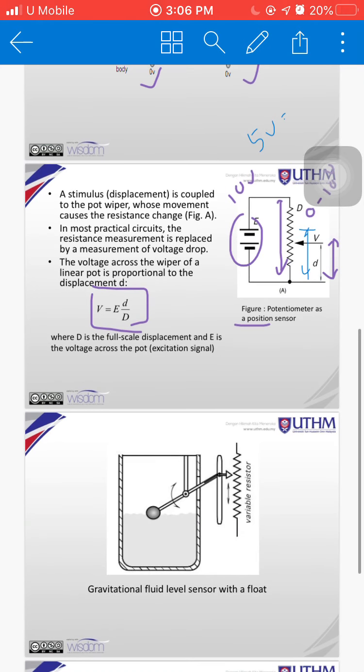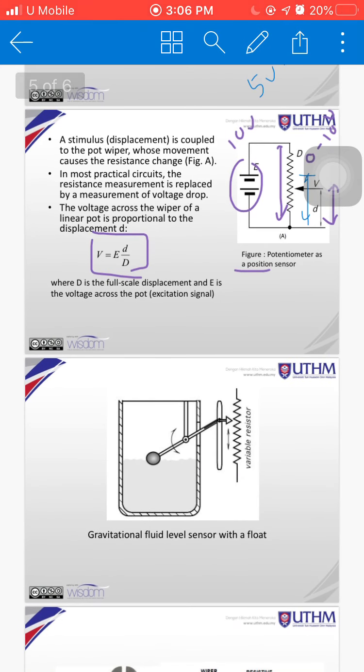This is another example, a gravitational fluid level sensor with a float. Here they use a linear potentiometer to detect the fluid level. It's quite popular to be used in a toilet tank.